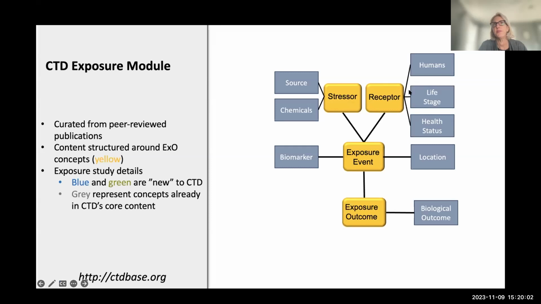Our receptors you can think of as the individuals who are exposed to a particular exposure scenario. The exposure event is kind of what's measured in the community or in households where this happened. And then the exposure outcome can be any number of phenotypes or diseases.